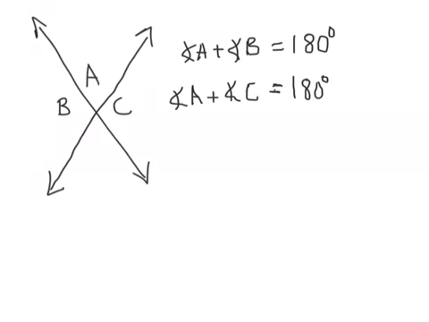Here we have what we were talking about. Angle A plus angle B equals 180, and angle A plus angle C equals 180, and we're going to use this thing called substitution. You've done it plenty of times. When you substitute a number in for, say, if x equals 3, you substitute 3 in wherever you see an x. Well, here it's a little bit different. If we look at this, A plus B equals 180, and A plus C equals 180, so I can take this stuff and replace it where the 180 is.